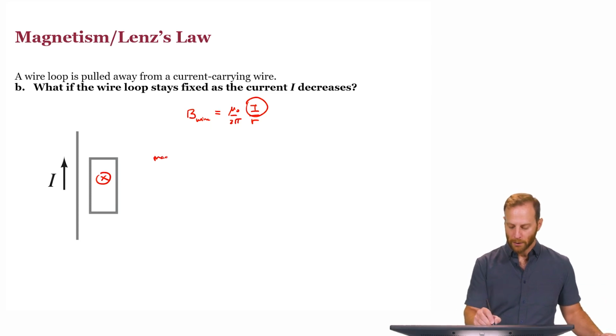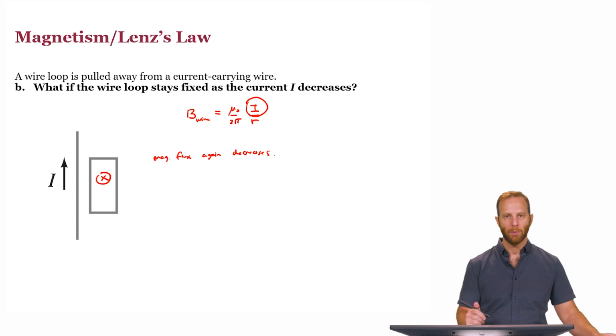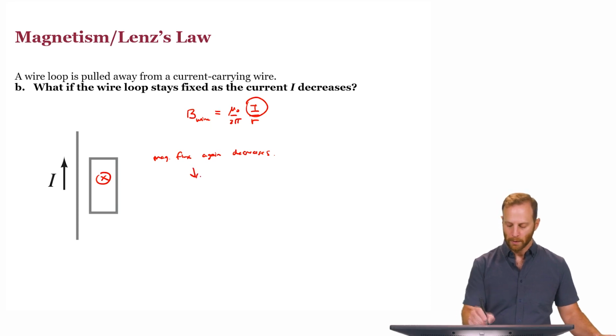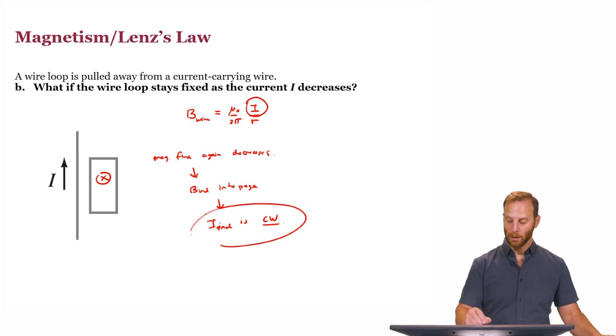The magnetic flux will again decrease. And so the scenario is just like part A. In response, the magnetic field that is induced would be into the page, and that means that the induced current, for the reasons we just described, is again going to be clockwise.